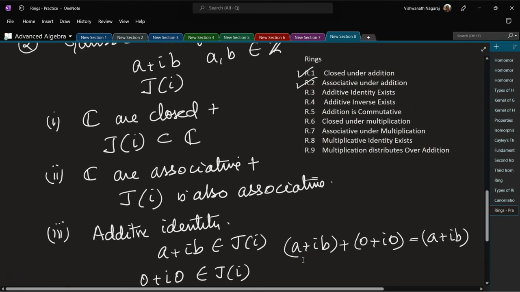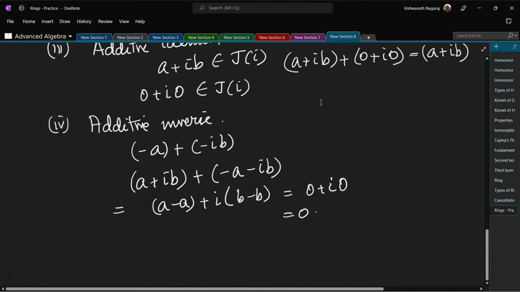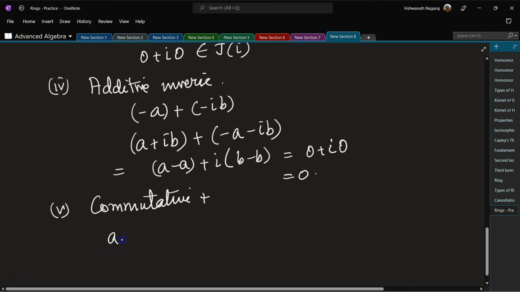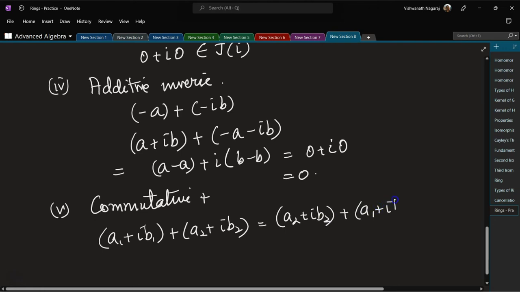So we have got additive identity exists, additive inverse exists. Now is addition commutative? So again, a1 plus ib1 plus a2 plus ib2 is equal to a2 plus ib2 plus a1 plus ib1.